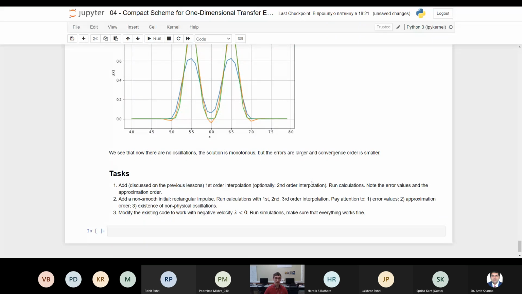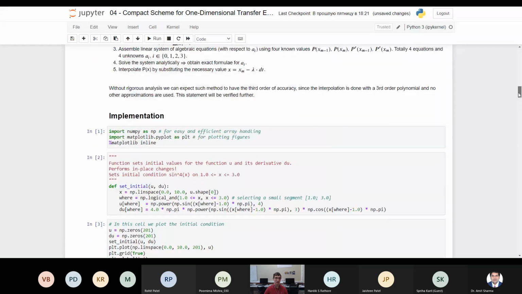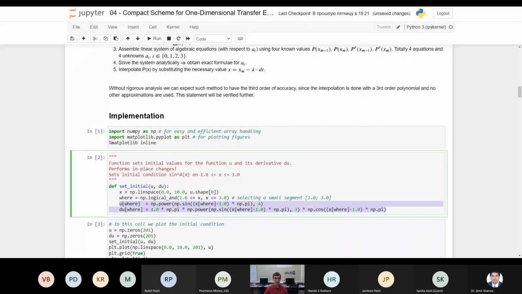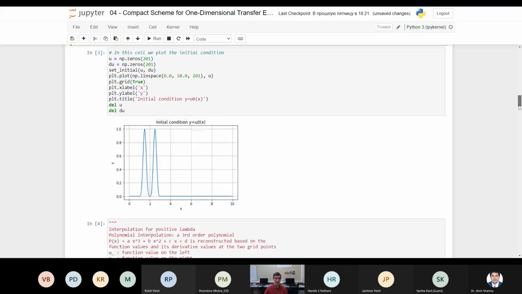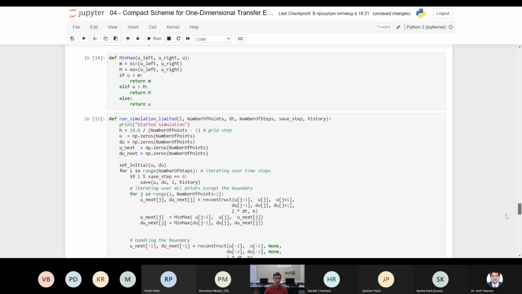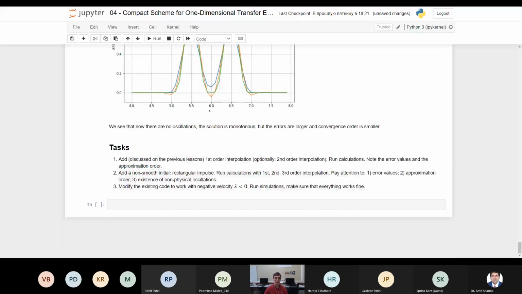Another task is adding a non-smooth initial condition. So basically, you can add a rectangular impulse, meaning that in the set initial function, you will just have to replace these lines by setting constant value, for example, 1, and then study the performance of different interpolation schemes and the use of monotonizers.